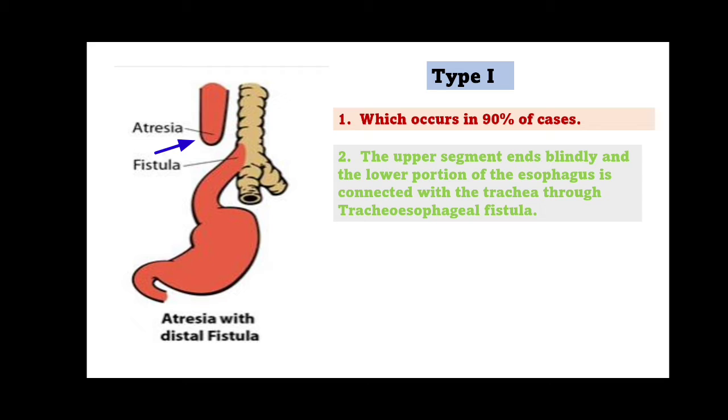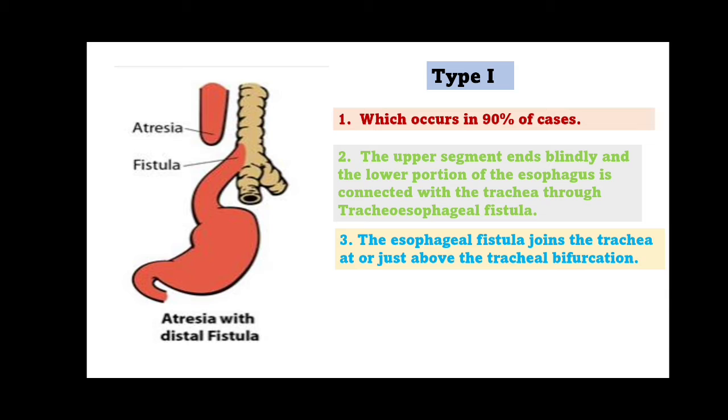Here the upper segment ends blindly, as shown in the picture, and the lower portion of the esophagus is connected with the trachea through the tracheoesophageal fistula.